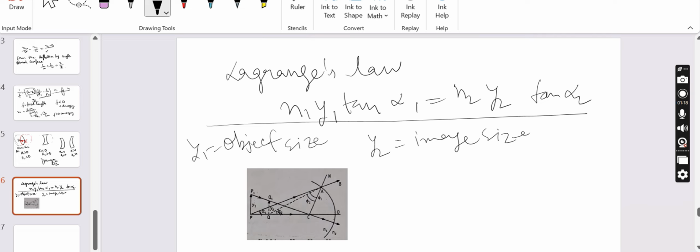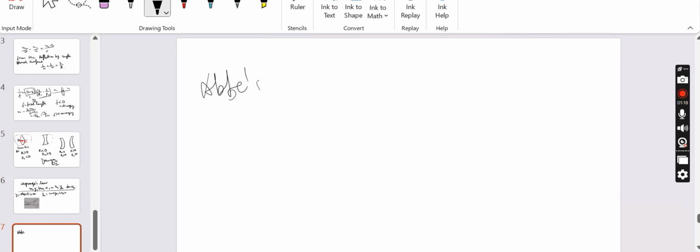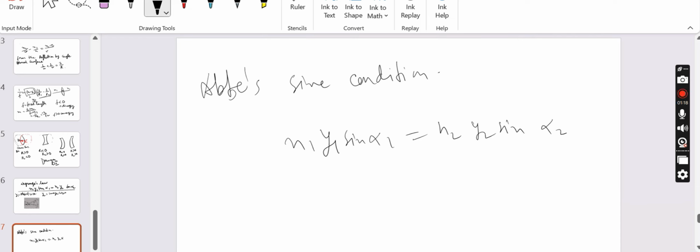And there is another thing called Abbe's sine condition, which is kind of an extension of this: n1 y1 sin alpha 1 = n2 y2 sin alpha 2.